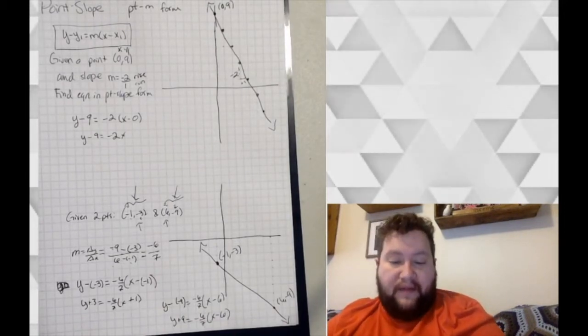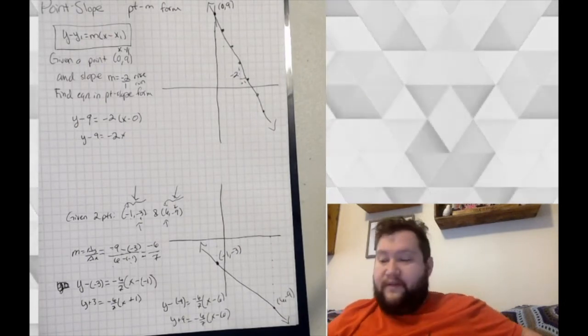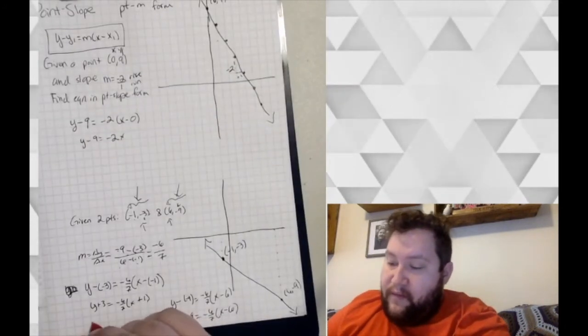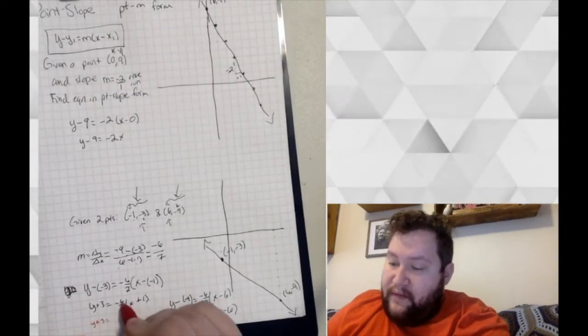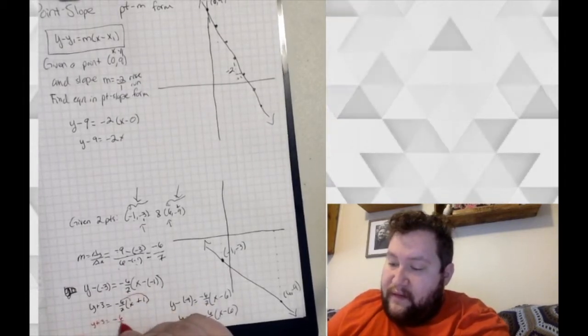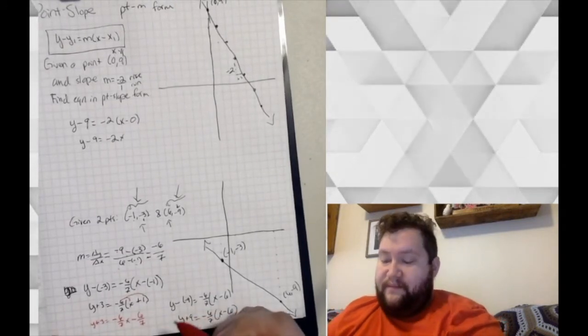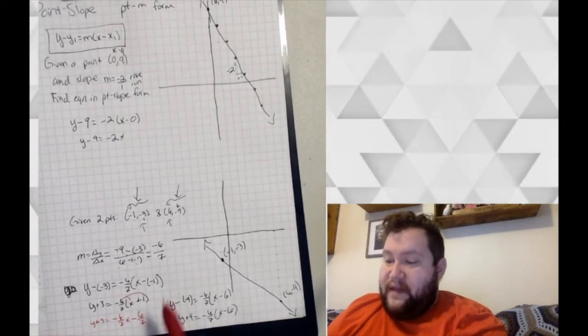And when we get to slope-intercept form, we can see why those are equivalent. So let's go ahead and rewrite this as slope-intercept form. So we have y plus 3 equals, distribute this, negative 6 sevenths x minus 6 sevenths. And then we're going to have to subtract that 3 over.